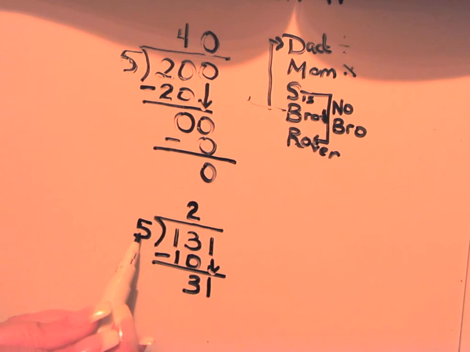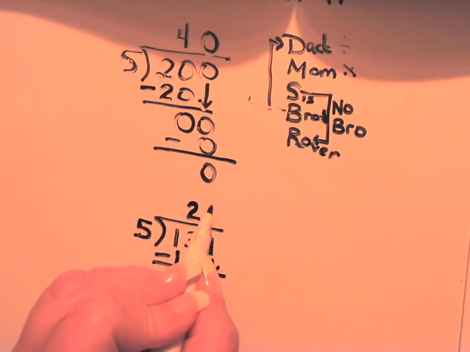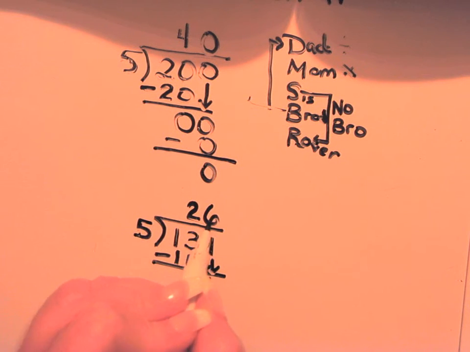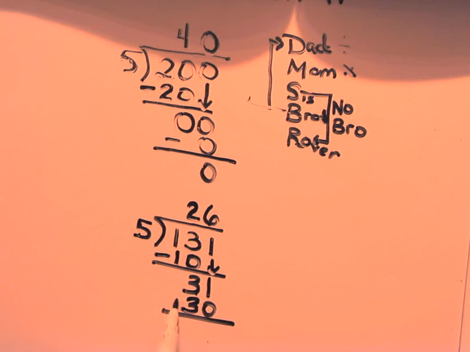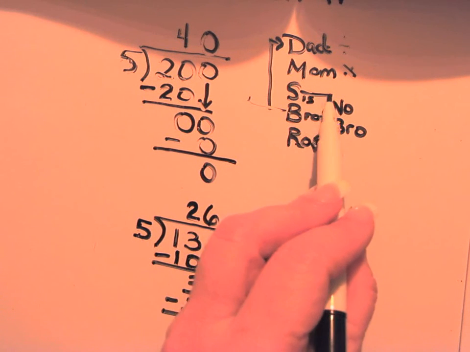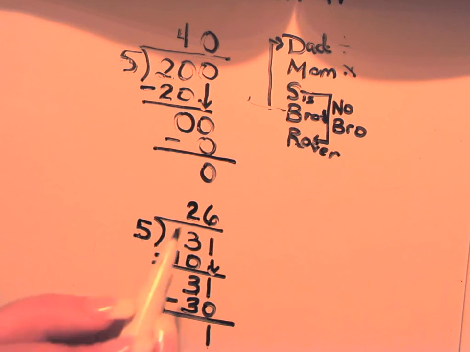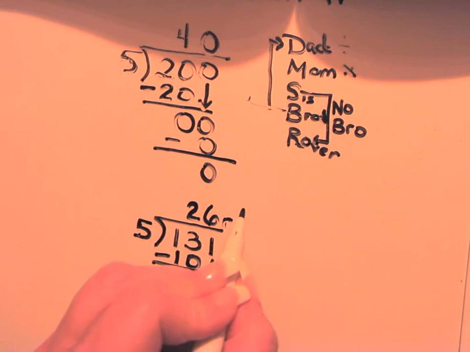How many 5s can we get out of 31? We can get 6. That goes on the roof. Again, roof times the door ends up on the floor. Sister, subtract, and we have 1. There's no more brother, so after sister, subtract, we have rover left over. So we have 26 with the remainder of 1.